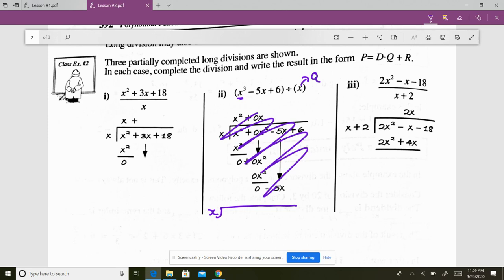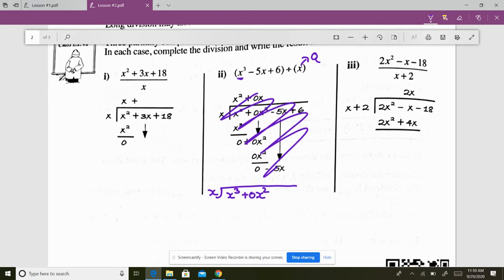So you need an x squared in there, okay? They have to go down in order, right? You can't skip an exponent. So we need an x squared. So I can add one in by putting a 0x squared. That doesn't change anything. And then I put minus 5x, and I put plus 6.